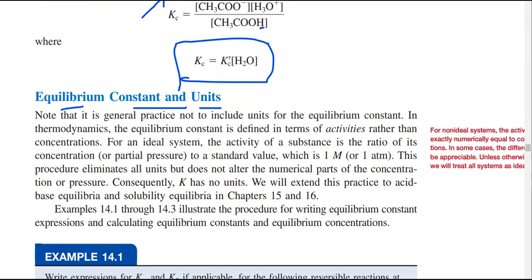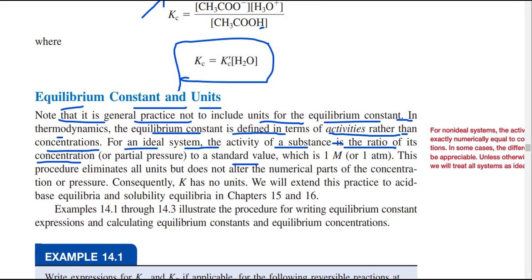Equilibrium constant and its units. Now we'll see the equilibrium constant and its units. Note that it's general practice not to include units for the equilibrium constant. In thermodynamics, the equilibrium constant is defined in terms of activities rather than concentrations. For an ideal system, the activity of a substance is the ratio of its concentration to the standard value, which is 1 molar.